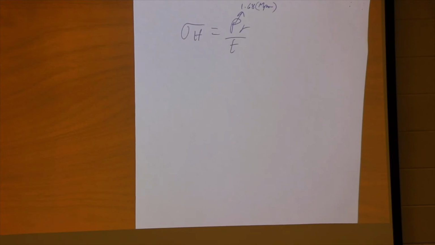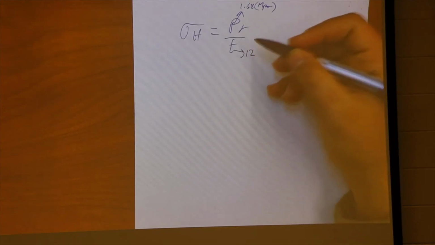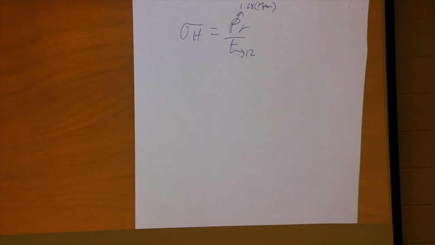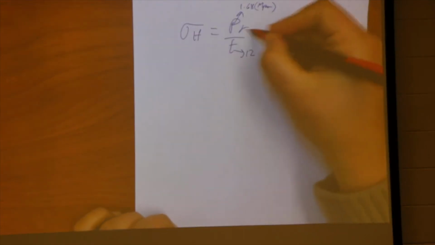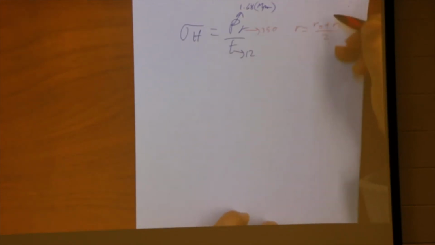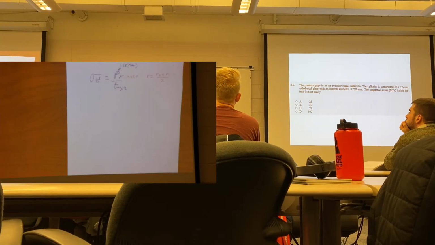So T is 12. R is basically, well, there is a debate here because you could just use 350, but some people say R is R outer plus R inner over 2. Either way, when you do this calculation, you're going to get a number close to 50.